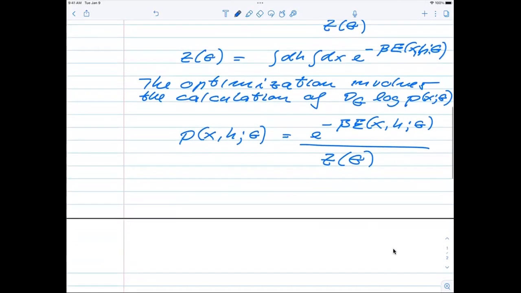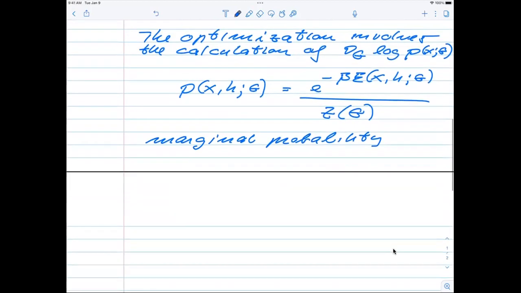But normally we define something which is called the marginal probability. And this marginal probability, this p of x and theta, is now given by the integral over dh.